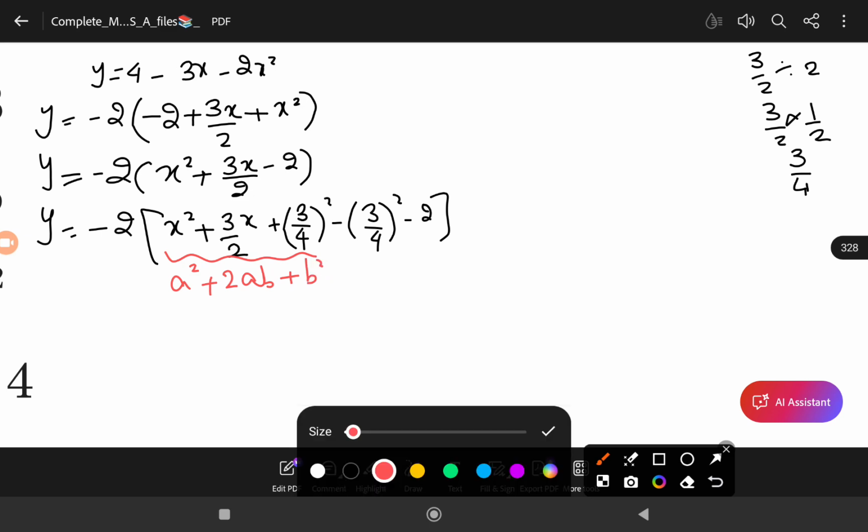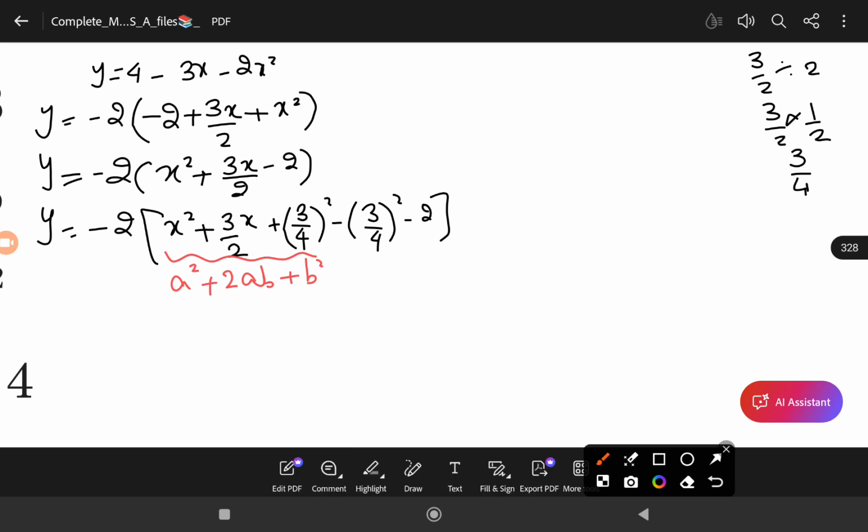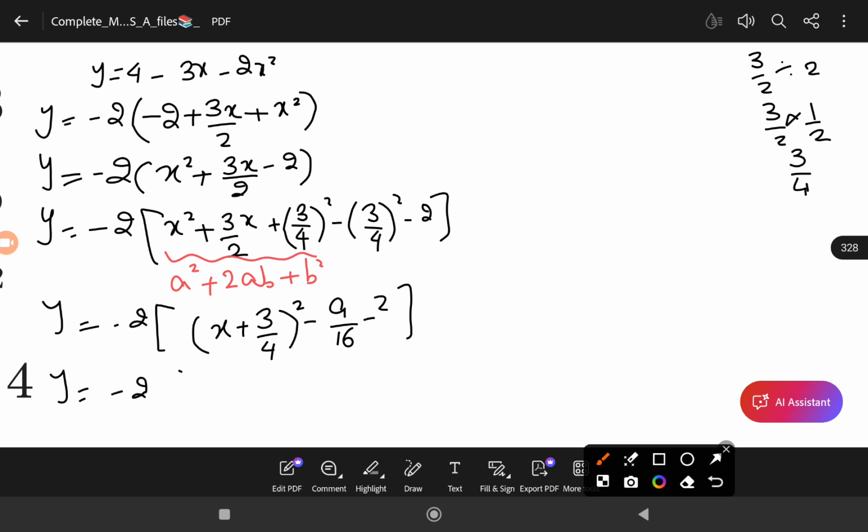So we can write like this: y equals negative 2 bracket x plus 3 over 4 whole square minus 9 over 16 minus 2. y equals minus 2 bracket x plus 3 over 4 whole square.